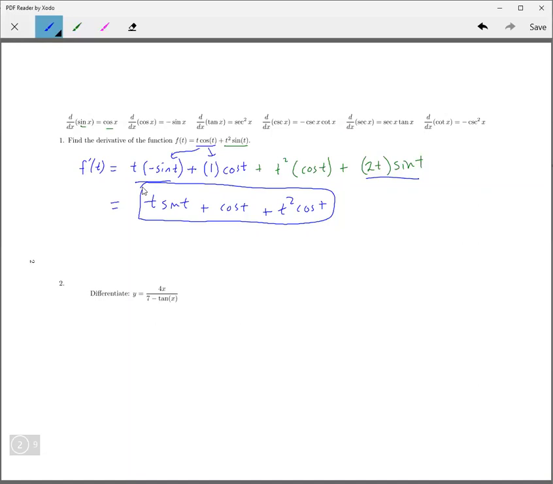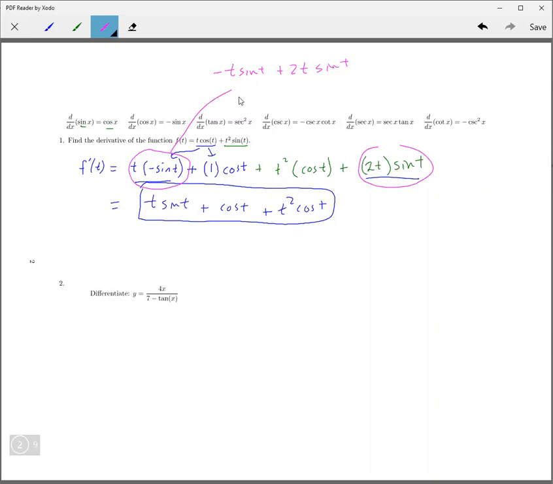Sorry, can you explain that step right there? How did you combine t negative sine t with 2t sine t? Yeah, of course I can explain that. This and this is going to be negative t sine t plus 2t sine t.